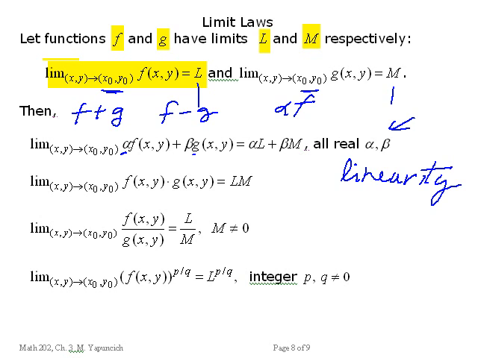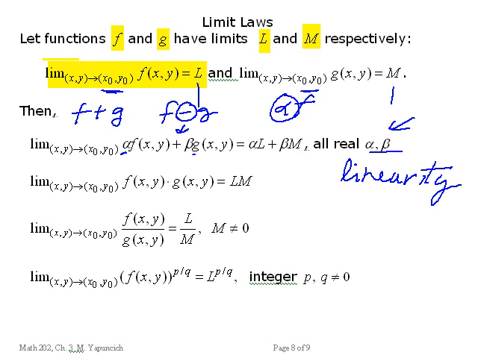Alpha f plus beta g, so all you have to do is write plus, because beta could be negative. That would take care of the negative. You already have the scaling of the function, and this is all written in one statement. The limit of alpha f plus beta g equals alpha times L plus beta times m for all real alpha, beta.